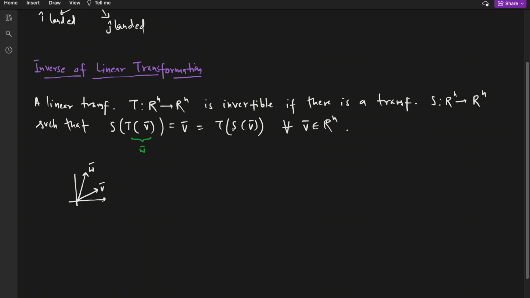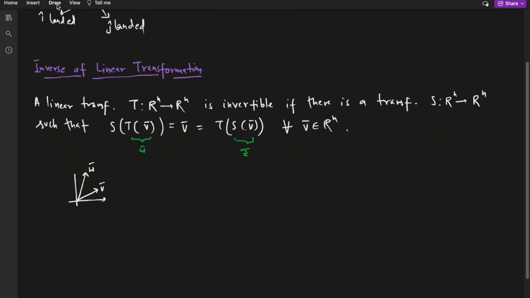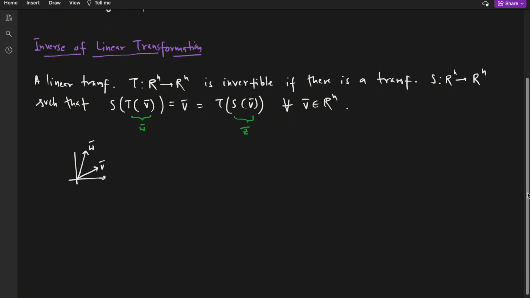And we can also say that T is doing the inverse of S. If we transform V using S and we get a vector Z, then if we apply T to the vector Z, we will get V again. So both T and S are inverses of each other, they are undoing each other's effect. So why is this important?